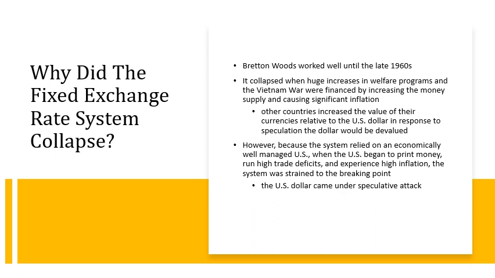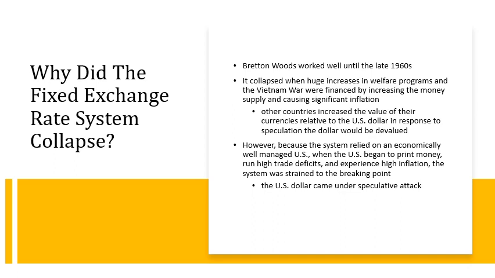It collapsed when a huge increase in welfare programs and the Vietnam War were financed by increasing the money supply, causing significant inflation in the US and allied countries. Other countries increased the value of their currencies relative to the US dollar.